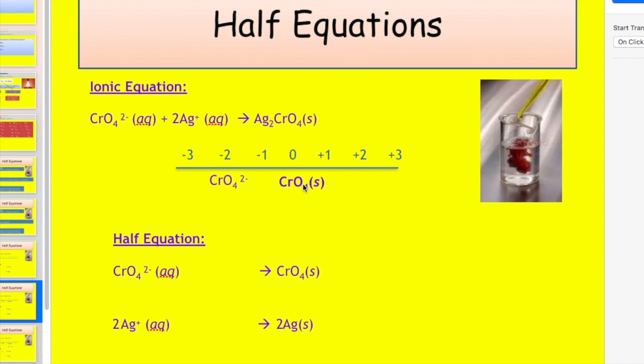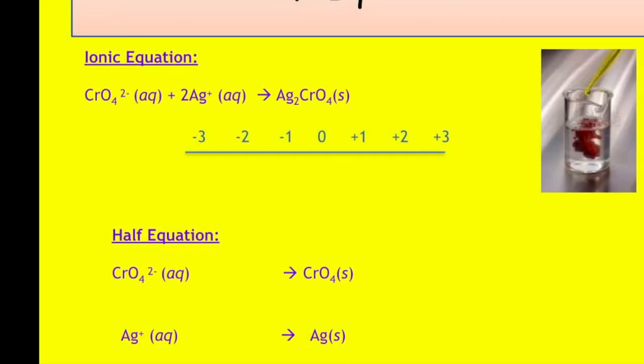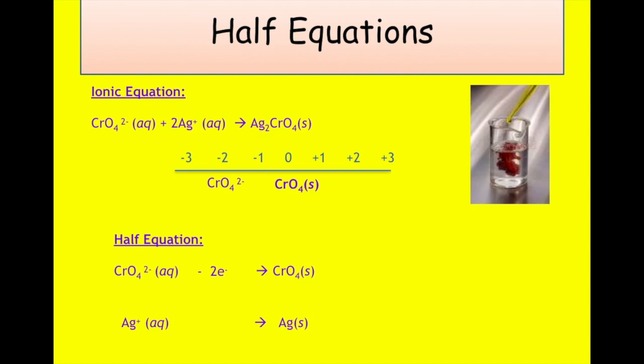Well, you would think you'd add, but actually you're going to have to minus a minus. And the reason is because we know in maths, as we minus a minus, we're going to get a plus. Okay, so we're going to minus 2e minus, and that will take us to 0. That is what we have to put in the half equation: 2e minus.